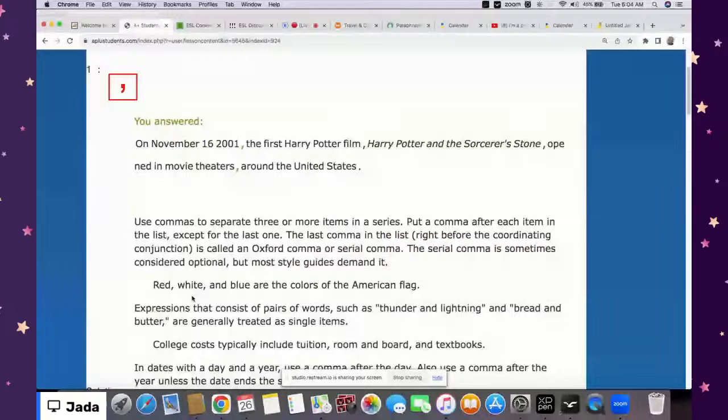So this is the comma in the list right before the coordinating conjunction. The coordinating conjunction is "and" here, and this is the comma. This comma here is the comma right before the coordinating conjunction. And that is called the serial comma or Oxford comma.